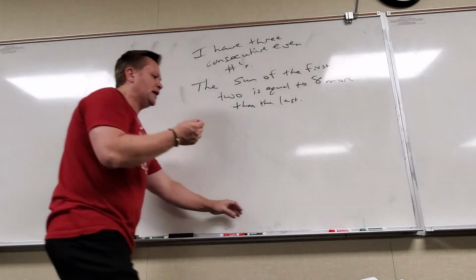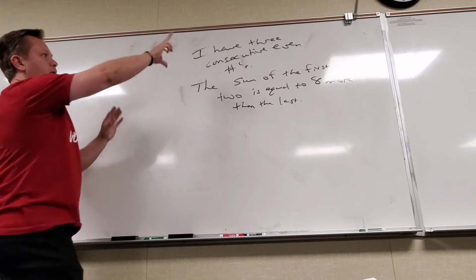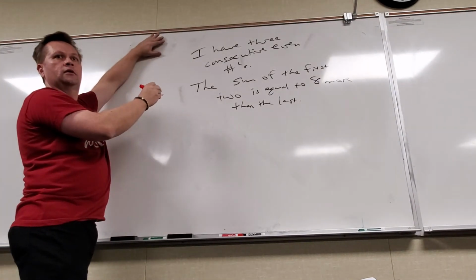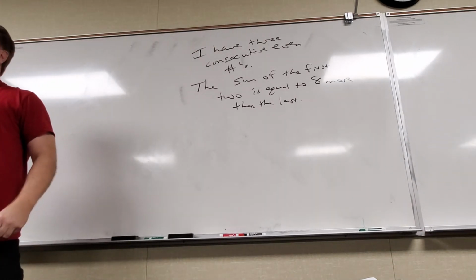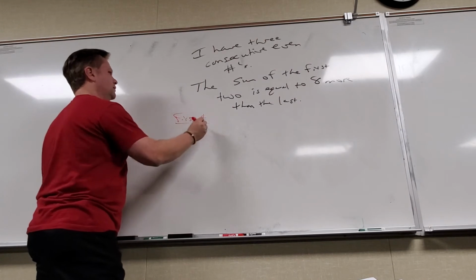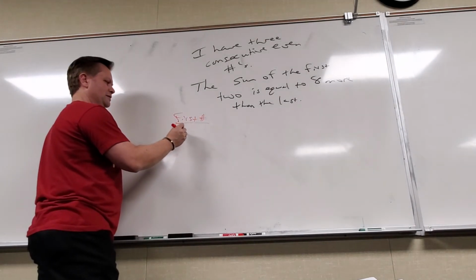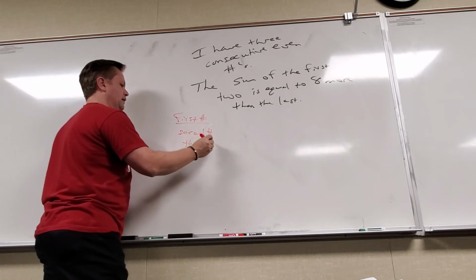The very first step is just, what are the players? So what do I write down for the players in this? What's involved? No math. English. First number, second number, and third number. You can call it first, next, and last. I don't care.